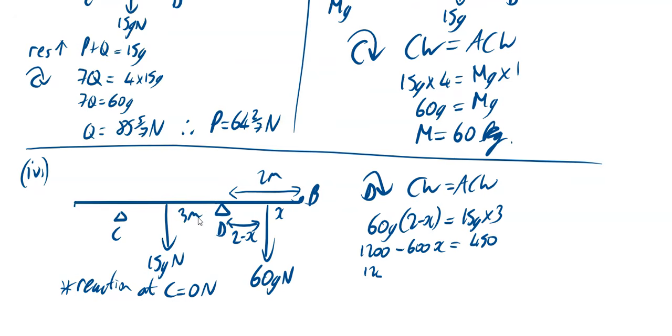Then we'll just say 1200 minus 450 is equal to our 600X. So whatever that works out to be, 750 is equal to 600X, and then a wee bit of working out, 750 divided by 600 is going to be 1.25 meters. And that is us done.